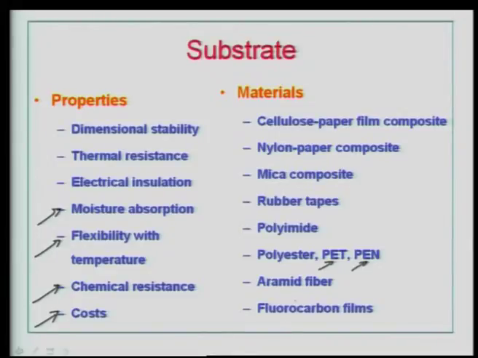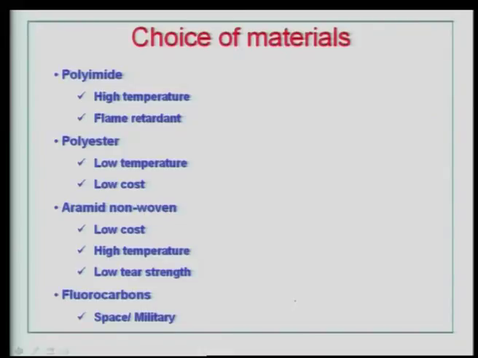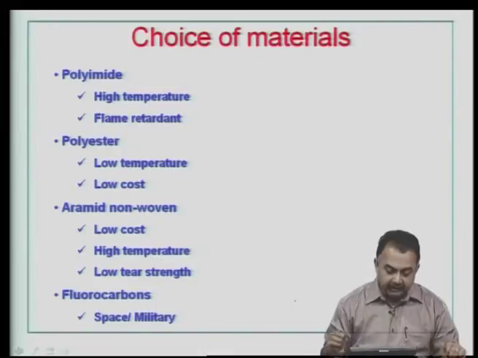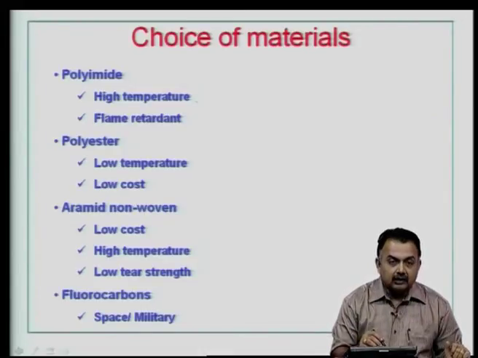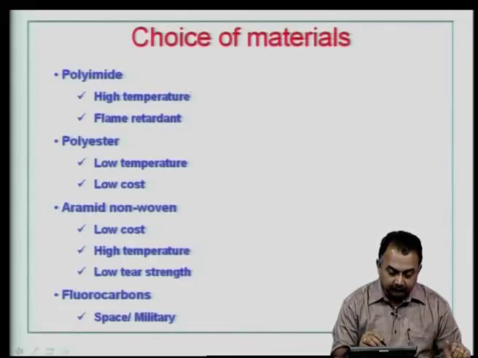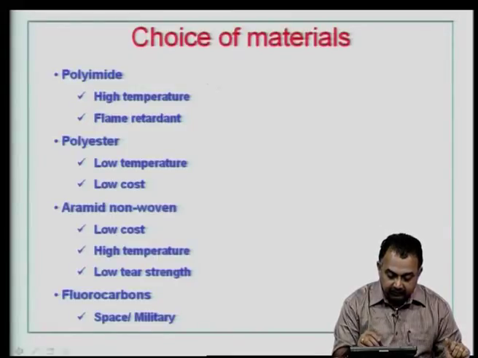So, a combination of organic films with the filler films will produce the ideal base for a flexible substrate. If you use a polyimide, as you know by now, it is ideally suited for high temperature, it is flame retardant, but at the same time cost can be an issue.